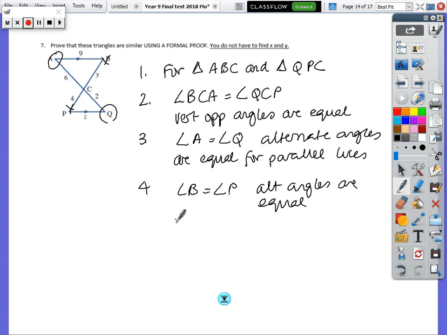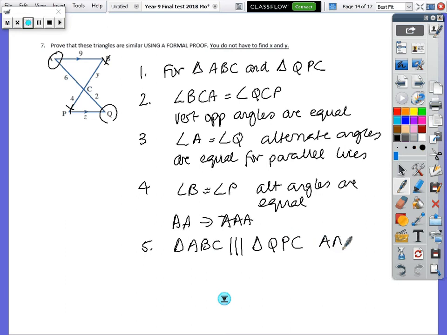Or you could say, once you've got two A's, then you automatically have three A's. And so the conclusion is triangle ABC is similar to triangle QPC, and the reason is AAA.